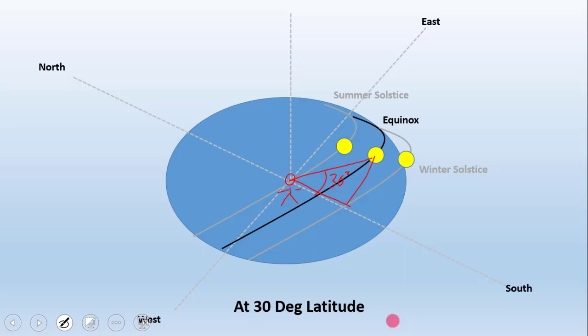Now remember that the sun's movement through the whole year, from equinox to summer solstice and from equinox to winter solstice, is 23.5 degrees, which is the same as the tilt angle of the Earth with respect to its axis.